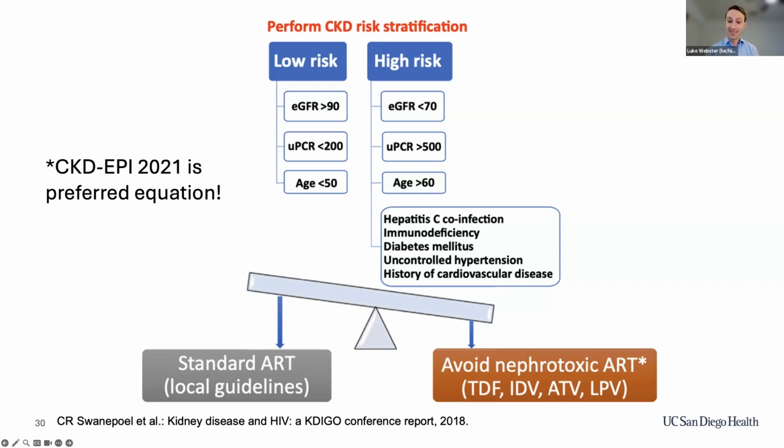It would be nice if we had the perfect system, if we had free and easy to access TAF, because I think that's the lowest risk. But I agree. If you have a young, otherwise healthy patient who's not going to be on TDF chronically, for years or decades, I think the risk of tenofovir toxicity is relatively low.